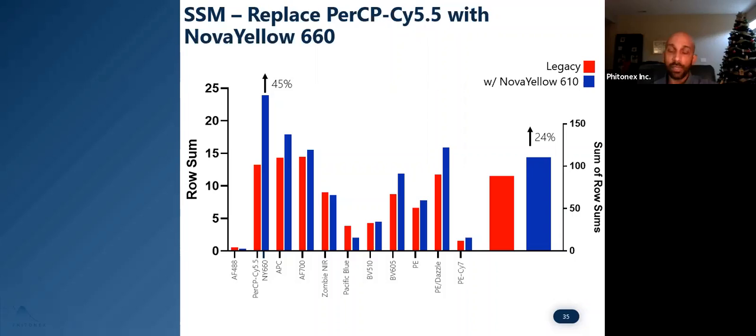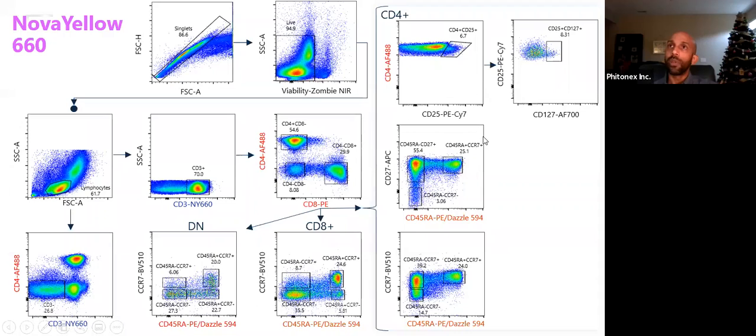We have the separation indices for pretty much all of the fluors out there, and definitely all of the NovaFluors. I believe the separation index for NovaYellow 660 is about twice as much as it is for PerCP-Cy5.5. But even with this overall increase in the spillover spread matrix, we still have an open detector, which in my opinion is worth having a little bit of resolution loss, and that loss doesn't have a whole lot of impact on our panel.